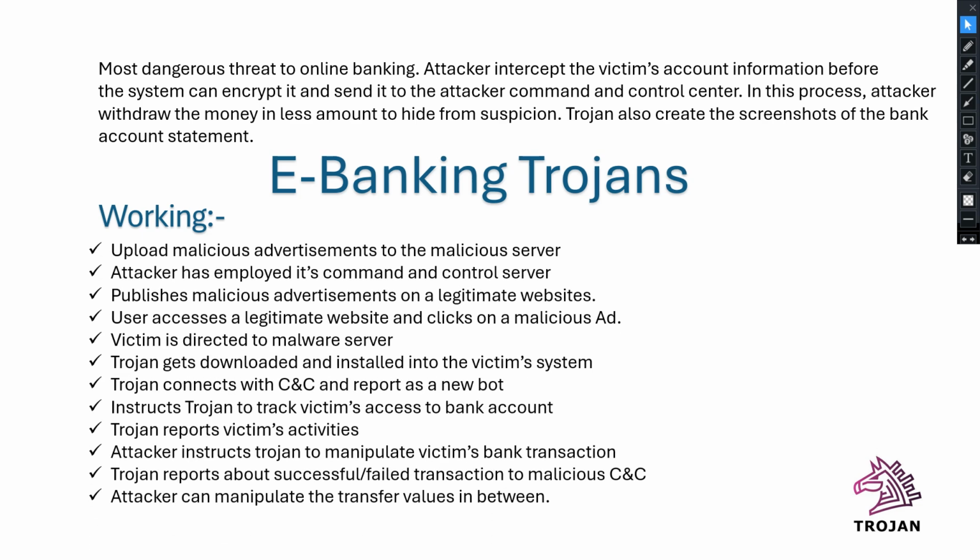Very first, the attacker uploads the malicious advertisements to the malicious servers. Then the attacker has employed its command and control centers. Publishing malicious advertisements on legitimate websites. A user accesses a legitimate website and clicks on a malicious ad.